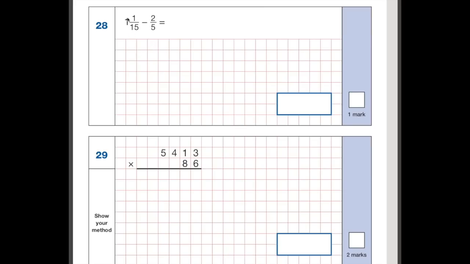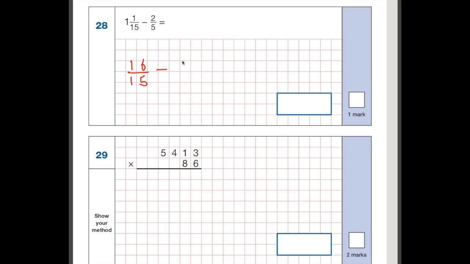28, again we have another fraction problem, 1 whole and 1/15 minus 2/5. What we could do is start with this mixed number here and convert it to an improper fraction. So how many 15ths go into 1 whole? Well, the answer is 15. Add 1 more is 16 15ths. Now we can turn this 2/5 here into 15ths, which is what we need to do. They need to have the same denominator. So we could multiply the top and the bottom by 3.